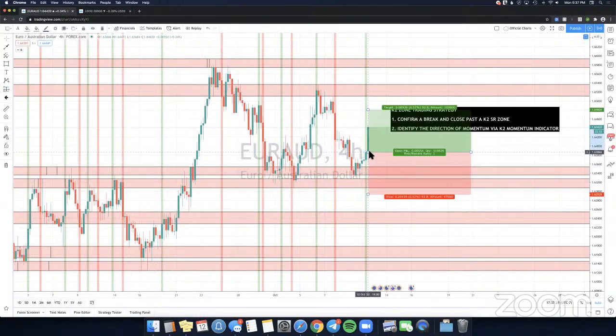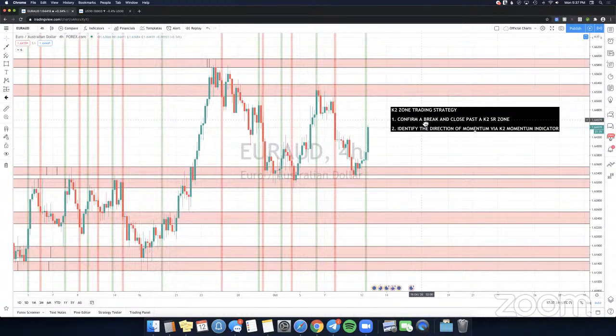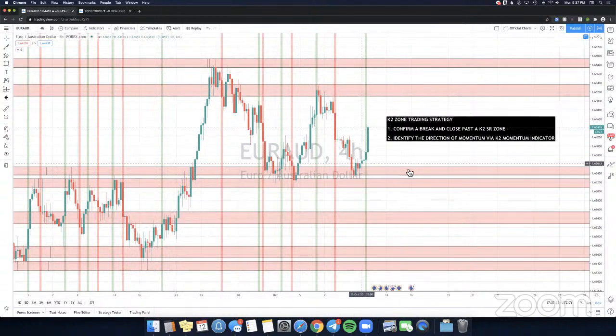So that's the entry. But your question is whether you wouldn't trade while in the zone. And yeah, we don't trade within the zone, because that doesn't fulfill the requirement. The very first requirement is to confirm a break and close past the K2SR zone. So if price is within the zone, there's no break and close past it. So obviously, if it's within the zone, you're not going to take the trade.